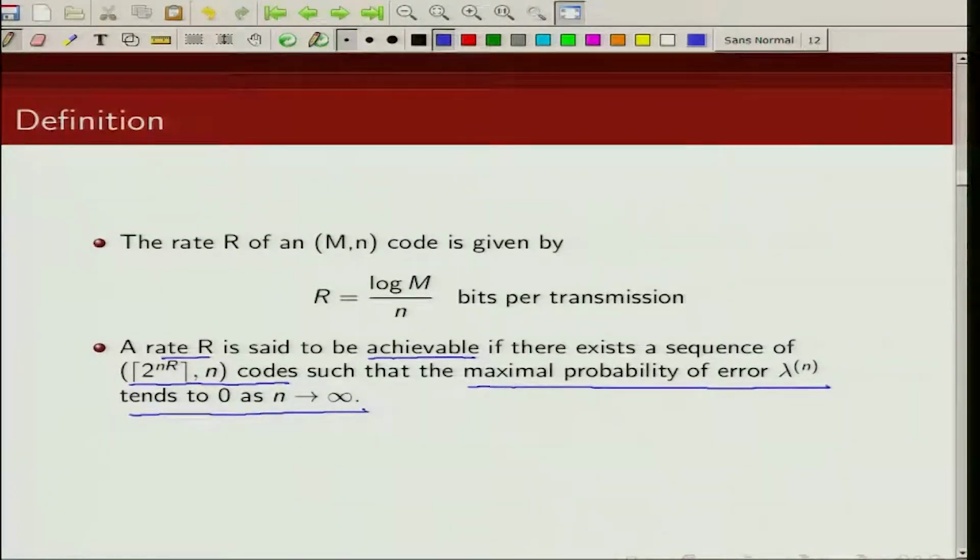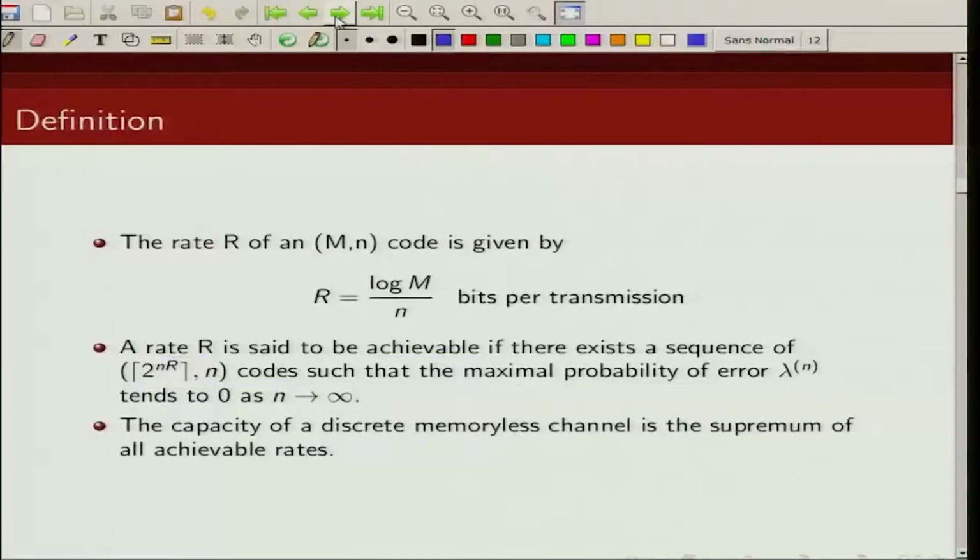So we say a rate is achievable if for that particular code with parameters 2^(nR) and n, the maximal probability of error goes to 0 as the code word length increases. And we define the capacity of a discrete memoryless channel as the supremum of all achievable rates.